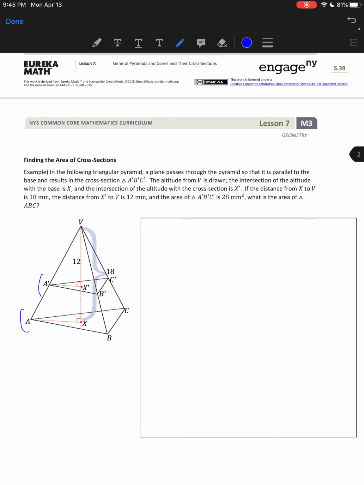It's just a smaller version. Same if you were to draw a triangle up here, that would be another smaller version. And similar basically means that it's the same shape, just a different size. So that means the sides of these shapes are proportional.